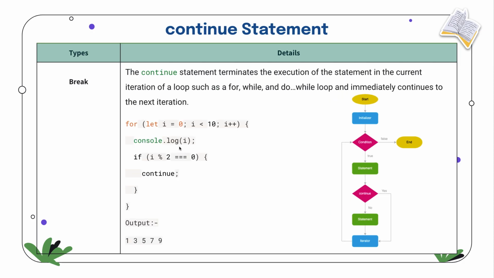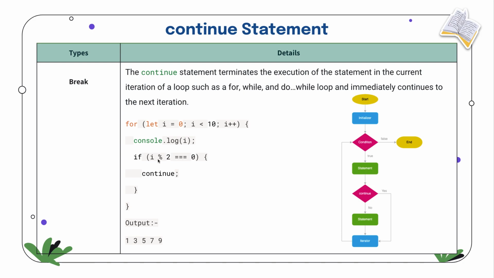Next, continue, what happens here. I'm just writing from 0 to 10, starting from 0 to 10, then print i. So print i is 0, it will print, right? Basically it has to get printed here, 0. So it will print that 0, and what happens, it will just check i mod 2. i mod 2 means we are dividing with 2.